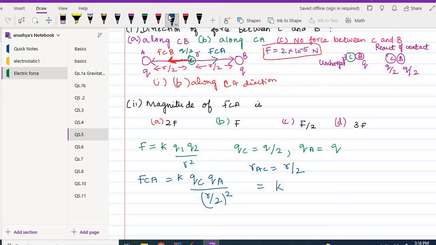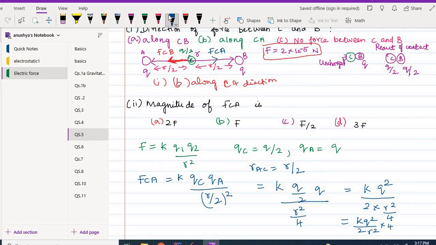So K into the charge of QC, which is Q by 2, and A's charge is Q, divided by R square by 4. This equals K Q square divided by 2 into R square by 4. The 4 goes to the numerator, so we get K Q square into 4 by 2 R square.